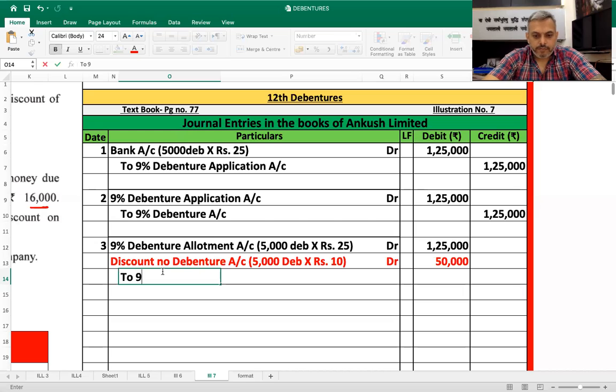And to 9% debenture account, 5,000 debentures into rupees 35 face value, 1,75,000.